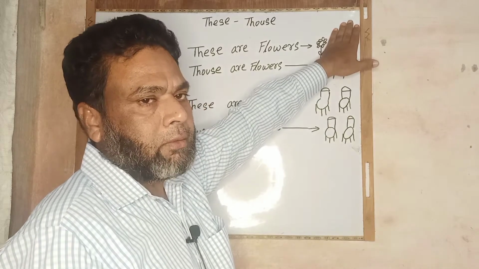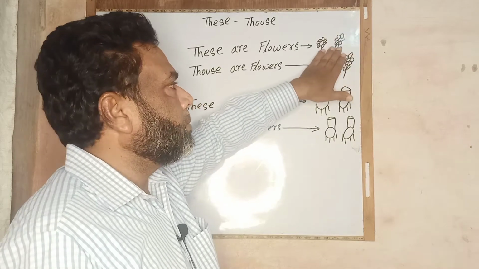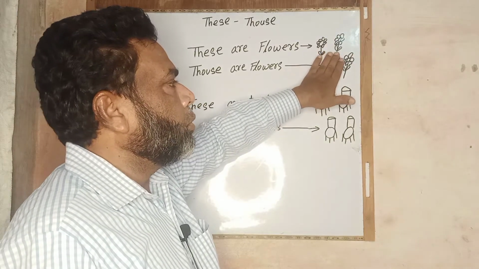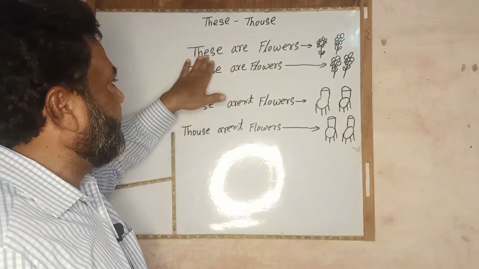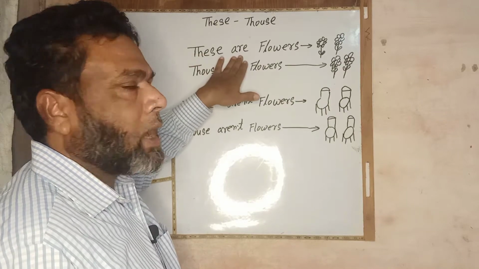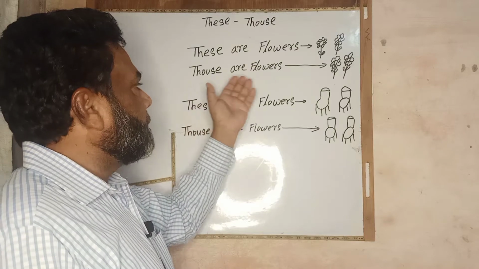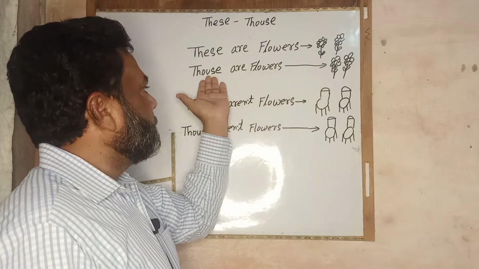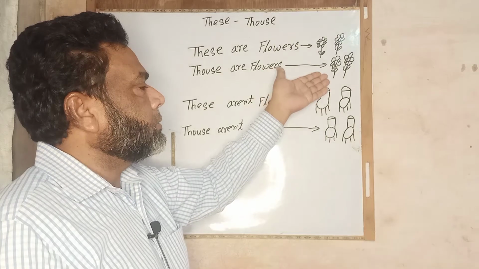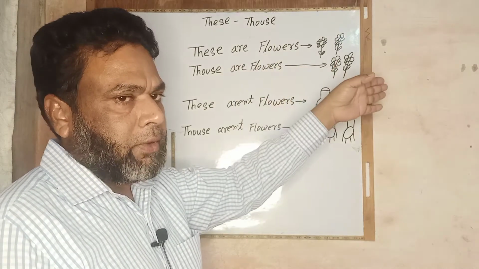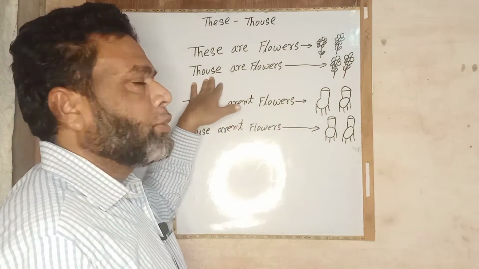If singular, we speak this is a flower. But here more than one, so we say these are flowers. And also those are flowers, because the flowers are far away, far to me. Then we use those.